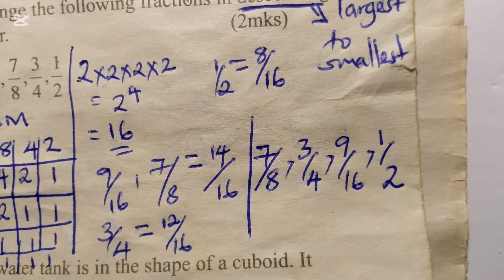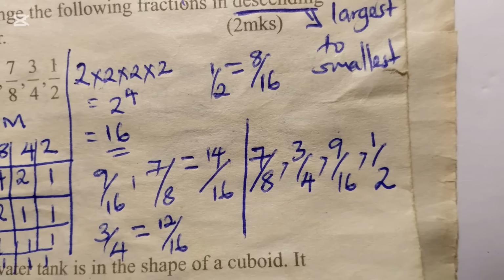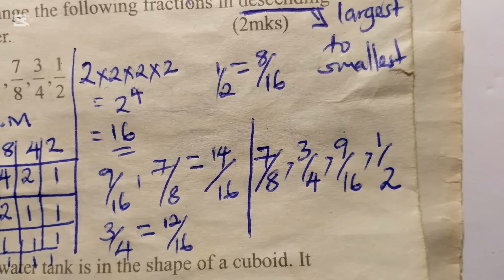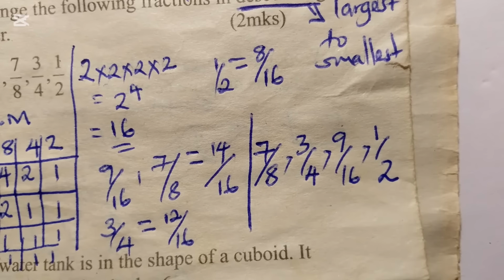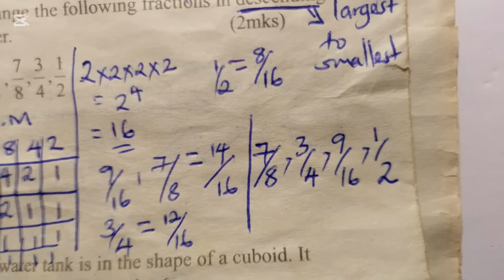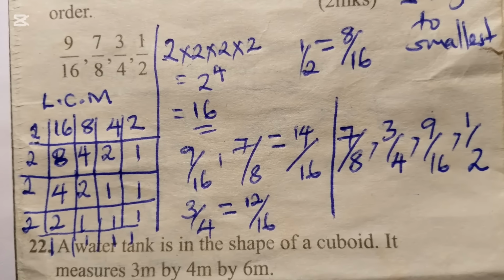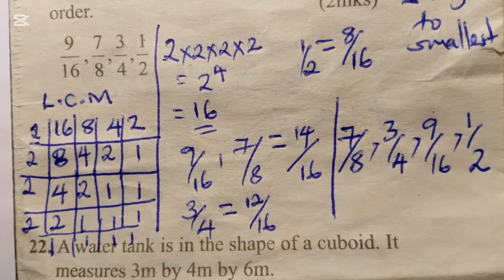Yeah, you can see. We also have another method which we can use apart from multiplying or making the fractions have a common denominator. Which method is that? Yeah, you are correct. We can change the fractions to percentages by multiplying each fraction with 100 and then convert.